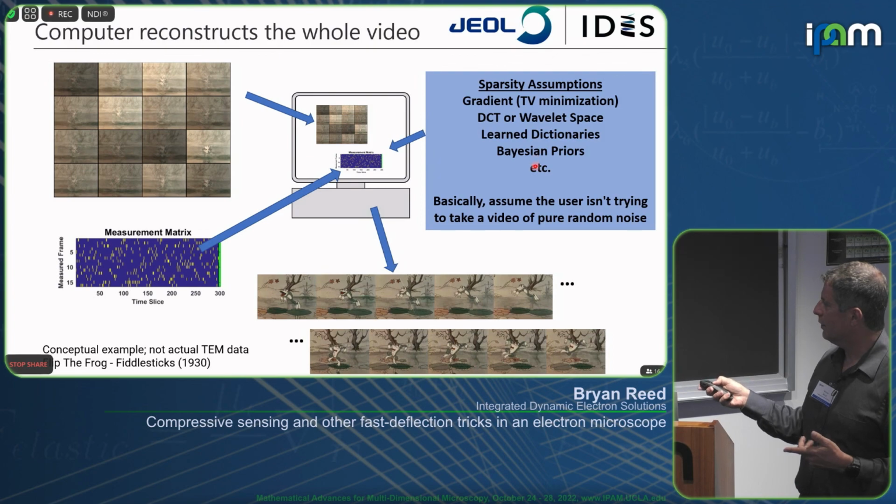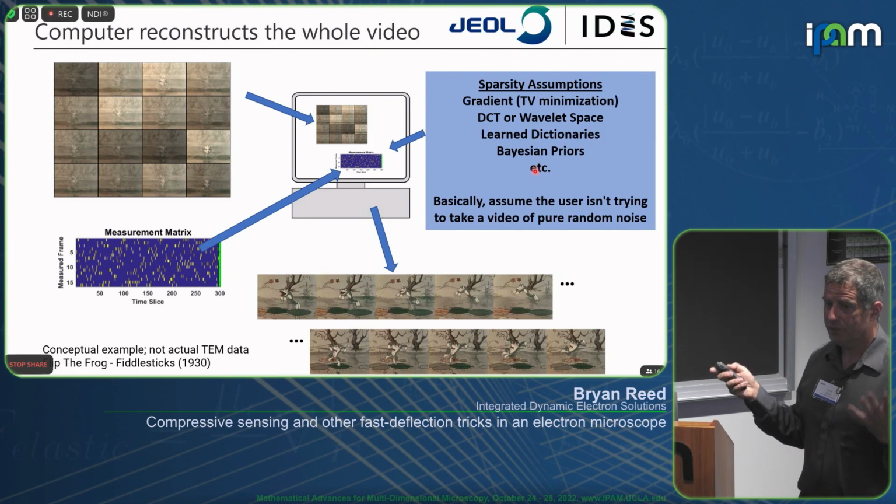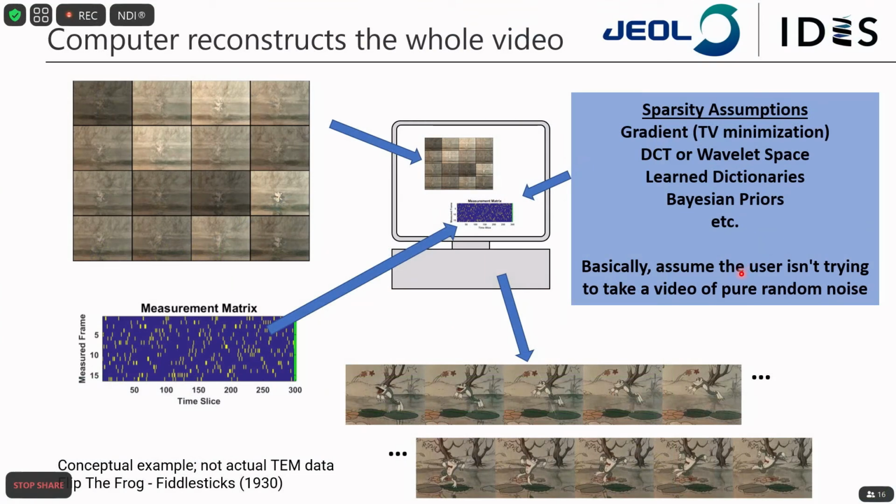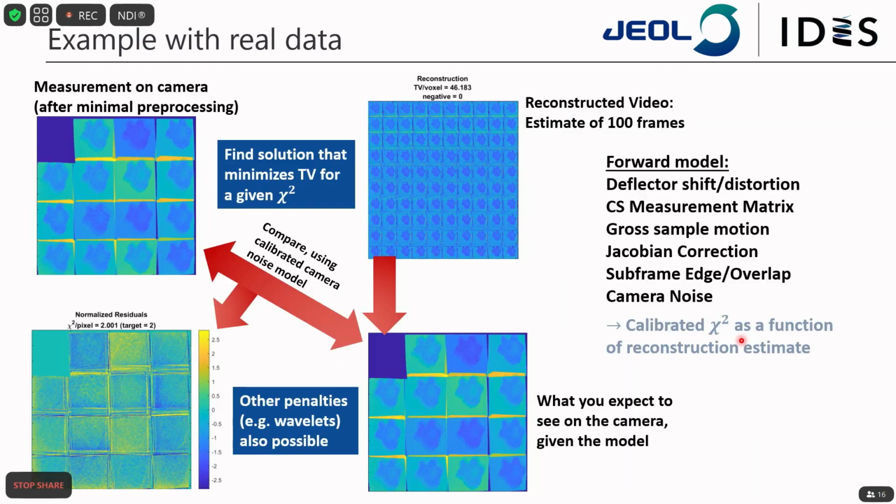In this audience, I'm not going to go into too much detail on that. It's like either you know or you don't. But basically, assume the user isn't trying to take a video of pure random noise. You know the measurement matrix, which is just this piano roll kind of thing. You know the thing you measured on the camera, and you have these sparsity assumptions, and you get the image back. This is not actual TEM data. So no frogs were injured in this measurement.